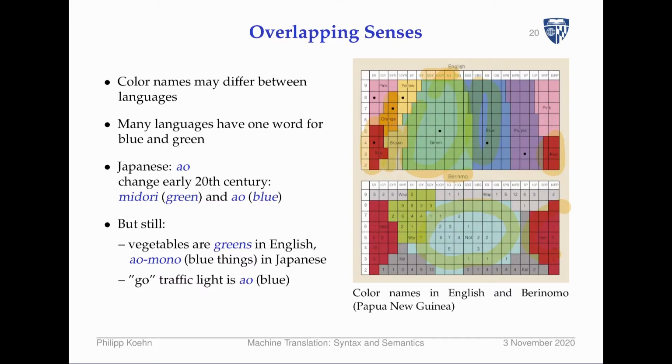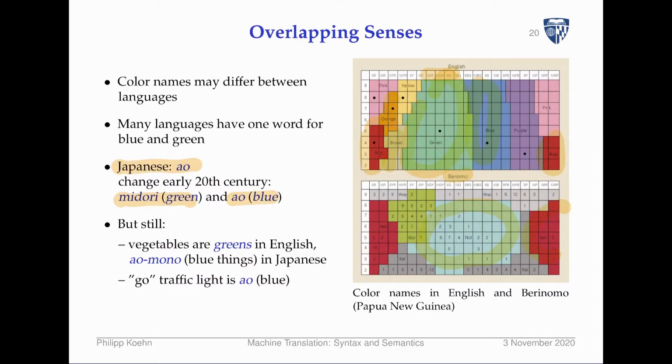Here's another example from Japanese. There's a name Ao that actually changed its meaning in the 20th century, where it originally meant something between green and blue, and then a new word came up for green, which is called Midori, while Ao then really just meant blue.